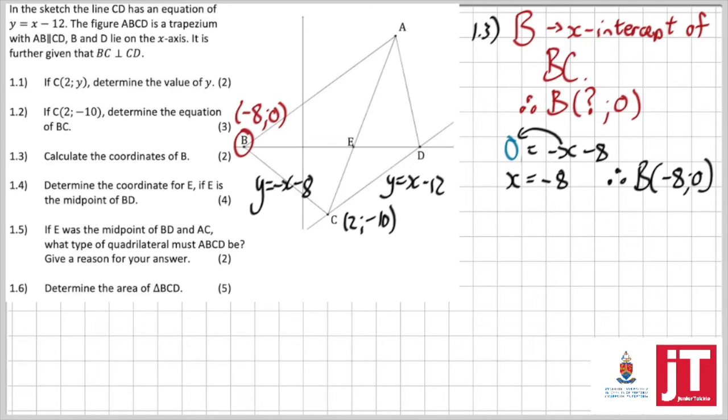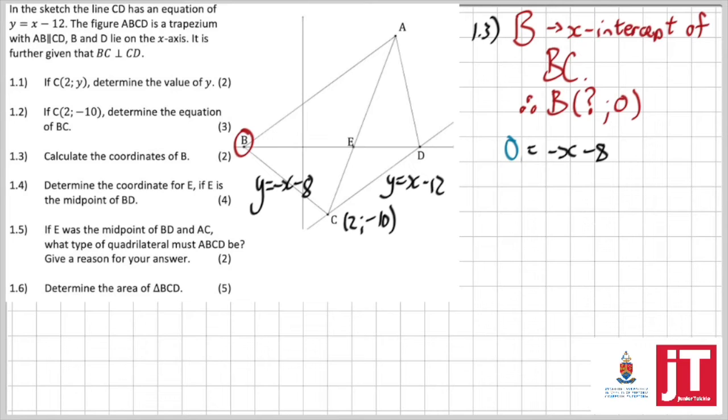If I'm going a little bit fast for you, let's just rewind for a moment. I start off by looking at the equation of BC: y equal to -x minus 8.